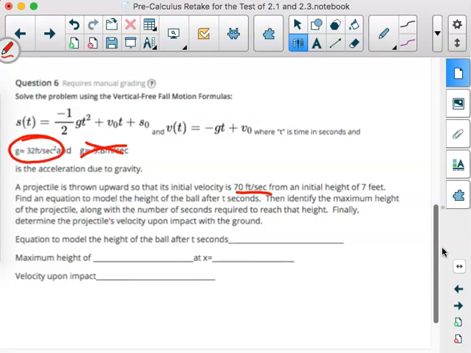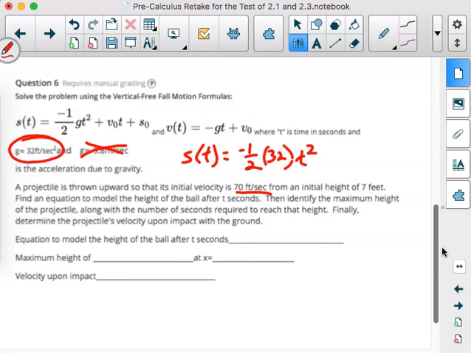Alrighty, so let's figure out what all this stuff goes. Like it says, t is time in seconds, and we've got our g value there, so let's get everything in. S of t equals -1/2 times 32, gravity was 32, plus initial velocity was 70. Oh, I didn't put the t squared in there.